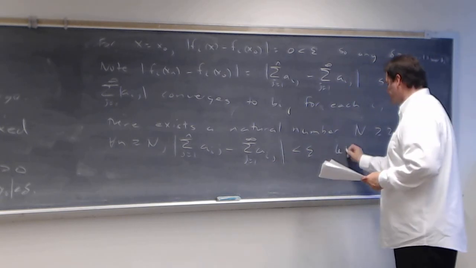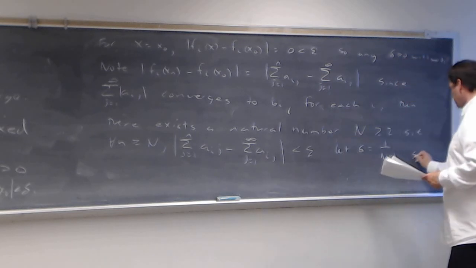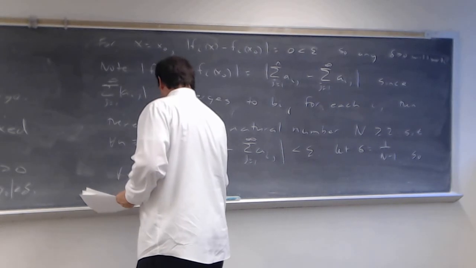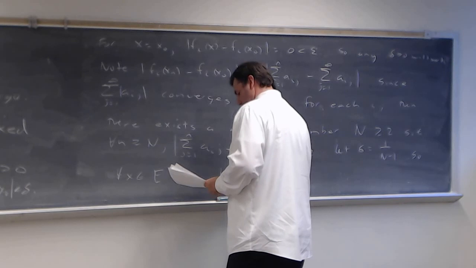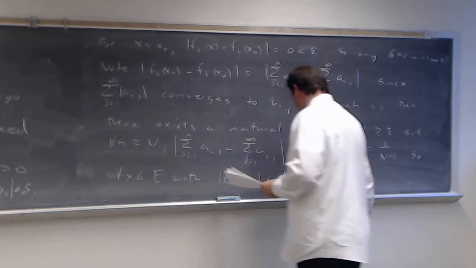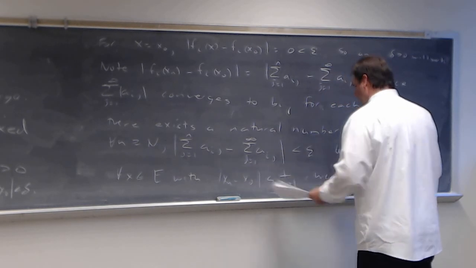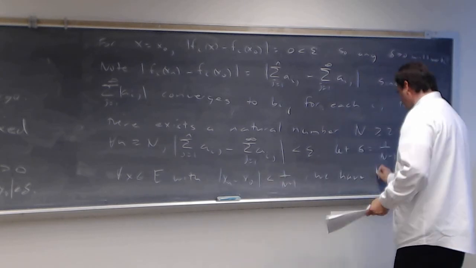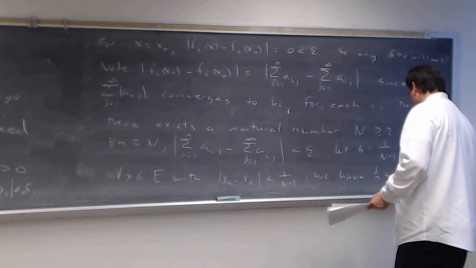So we let delta be equal to 1 over N minus 1. So for all x in E with the norm of x sub n minus x sub 0 being less than 1 over N minus 1, that's our delta, we have, well, here this is going to be 0 for x sub 0, and x sub n is 1 over n, so that's just 1 over n is less than 1 over big N minus 1.